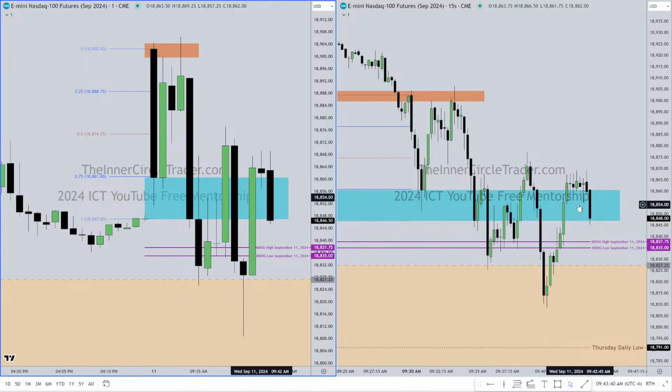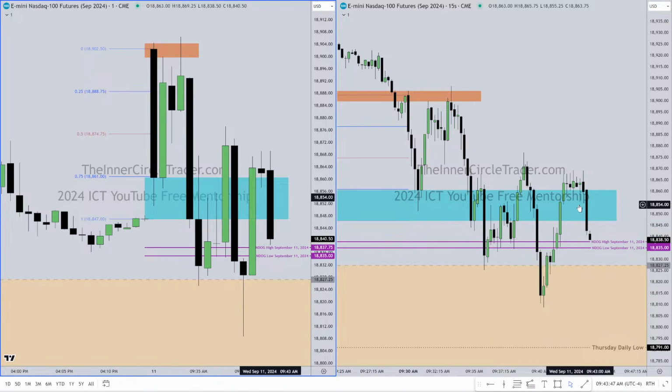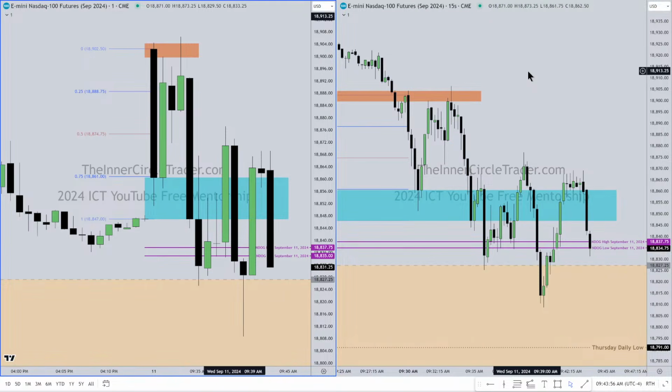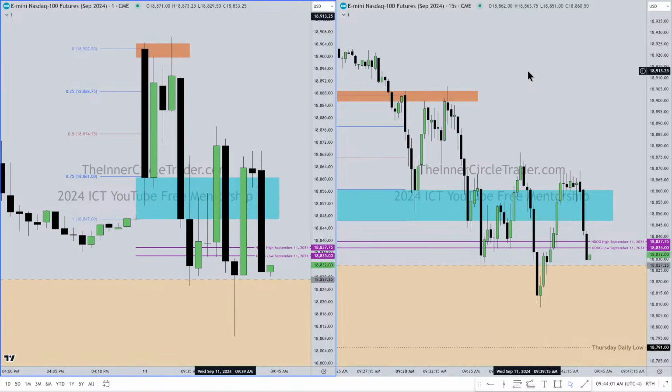So it's moving a lot around all these specific PD arrays, and it's not giving any real clear framework. So far, the initial drop into gap closure off of the inversion fair value gap, that was a nice run. I like the volatility here.